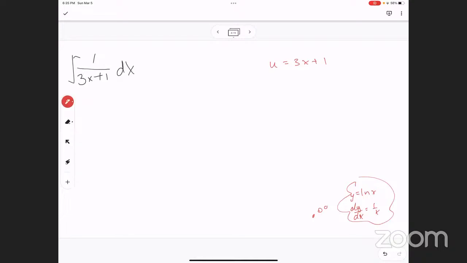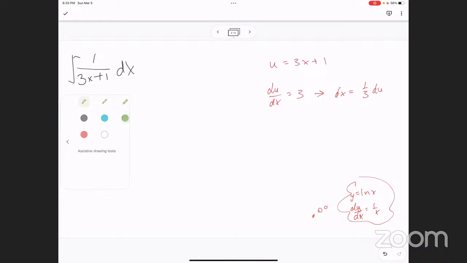So the derivative du with respect to x is just 3, which means dx is going to equal 1/3 of du.